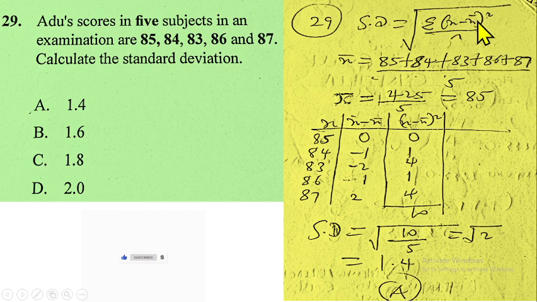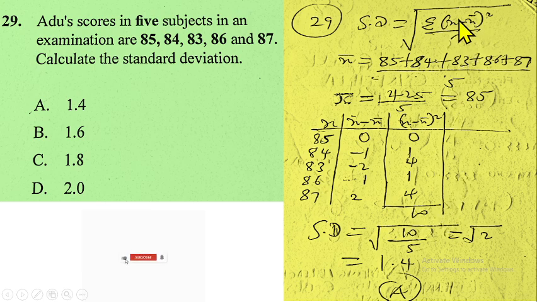Then from there, you can square the deviation. 0 squared is 0, minus 1 squared is 1, minus 2 squared is 4, 1 squared is 1, 2 squared is 4. Then you can sum the squared deviations: 0 plus 1 plus 4 plus 1 plus 4 gives us 10.